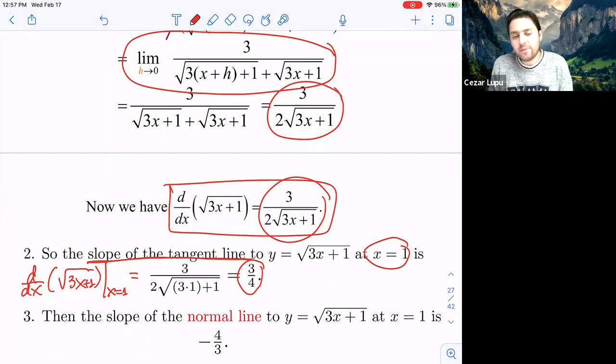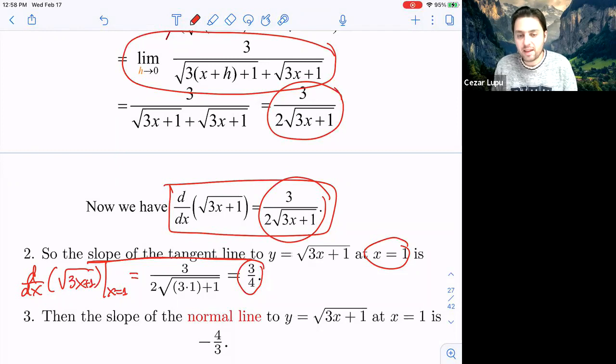What is the property that the normal line and the tangent line have? I think I said this in one of the videos that I told you to look at. But you know this from college algebra. So the normal line and the tangent line have what property? The slopes of the two.